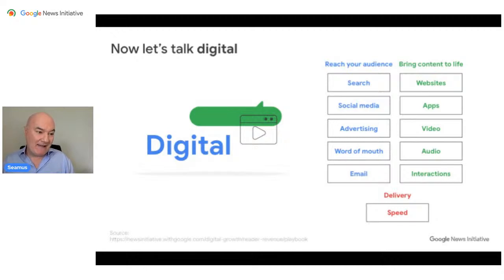And then bringing content to life, that's a big part of the value of digital. So, of course, having a website, making sure that there's a home base for people to come to, really just to verify who you are, what you're all about, really seeing through the windows into your home. Apps, videos, audio, the interactions that we talked about there, some of that customer interaction.